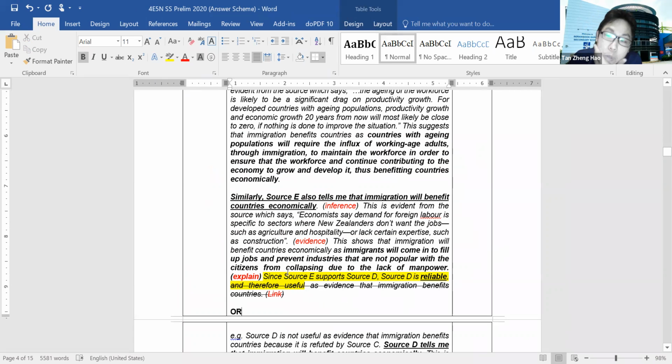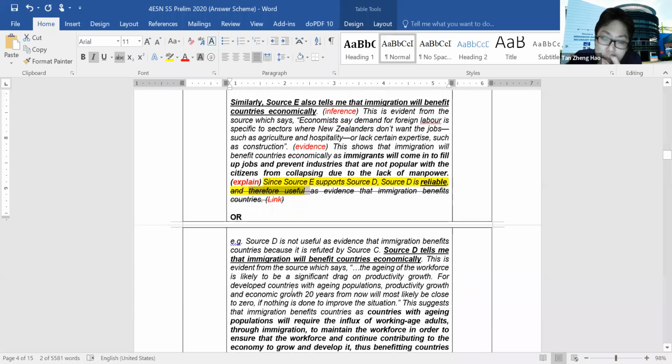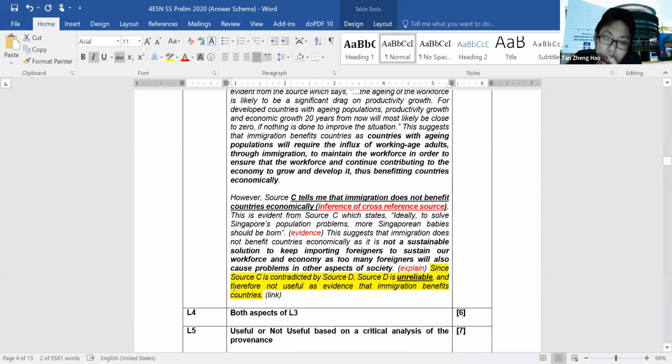If it's a usefulness question, I will need to add one extra link because I'm asking about usefulness, right? And therefore reliability proves the usefulness. So you need an extra argument there. Same thing, if I'm doing a reliability question, I don't need to mention the usefulness, I just need to stop it. Therefore, since it supports or does not support, therefore it's unreliable or reliable. You don't need to include the last part.